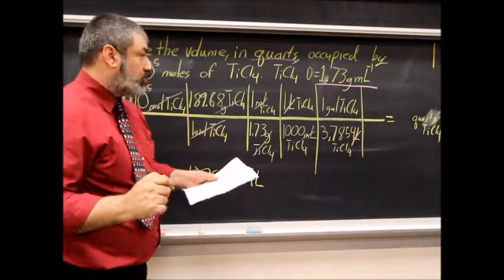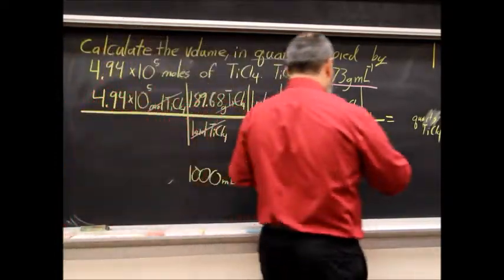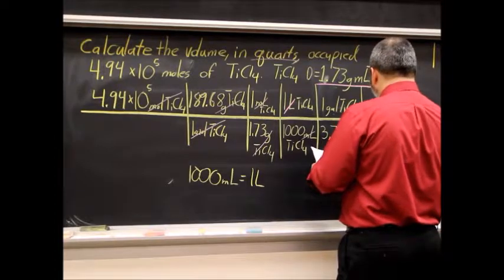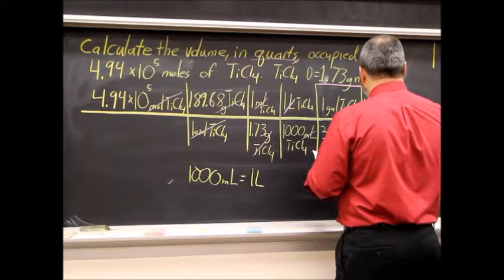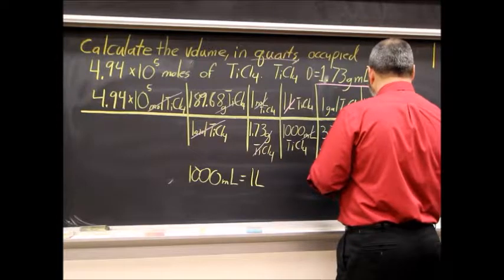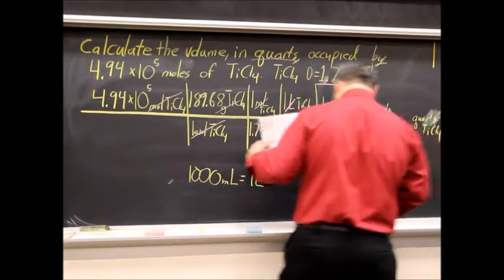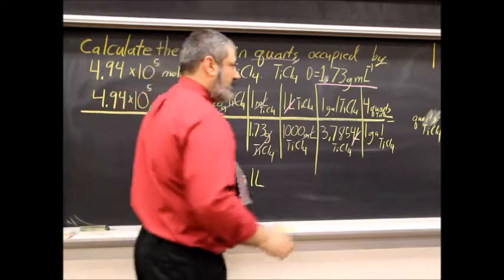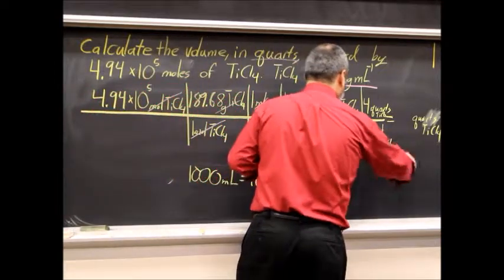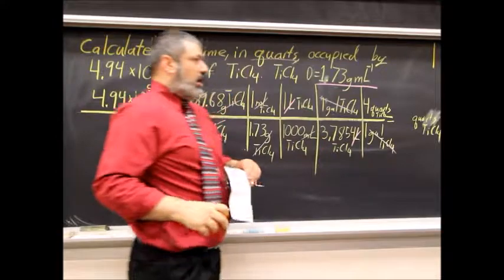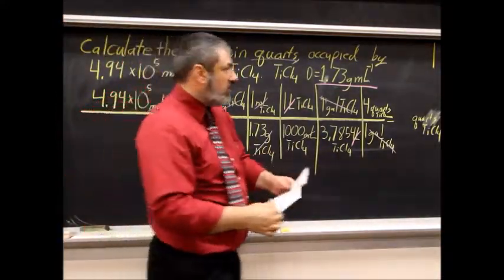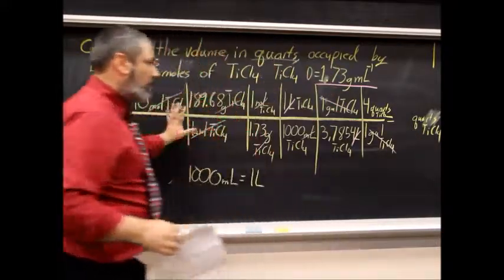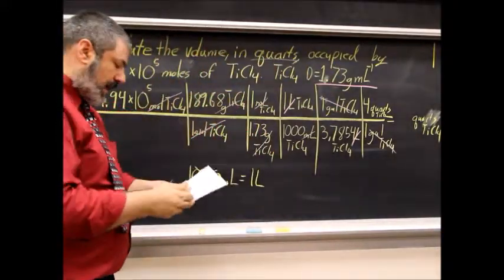The last relationship you need is gallons to quarts, and you're given that 1 gallon is 4 quarts. Again, just go ahead and put in the titanium tetrachloride. So gallons cancel. Quarts. We are now in quarts of titanium tetrachloride. That is the unit we want. So now pick up your calculator and do the math.